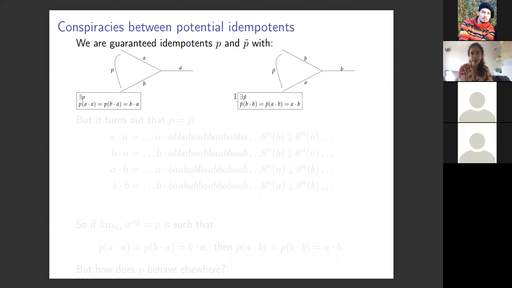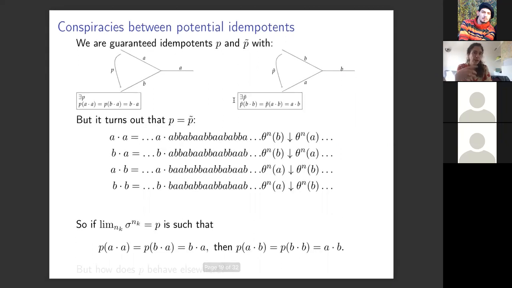I'm also guaranteed a minimal idempotent P tilde, which sends B.B onto A.B, right? But it turns out that those two idempotents are exactly the same, all right? And this is one of the places where bijectivity is used. Why is that? So why is P equal to P tilde?